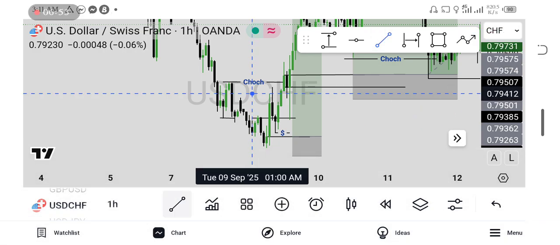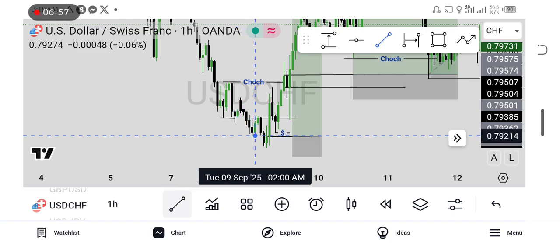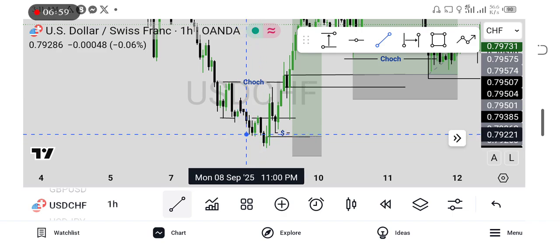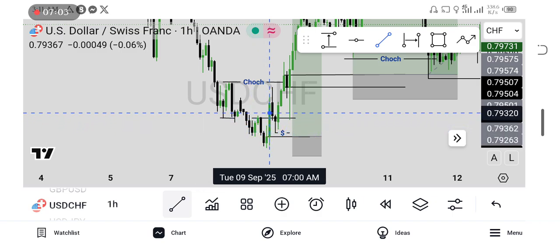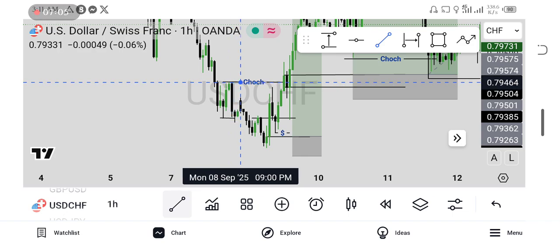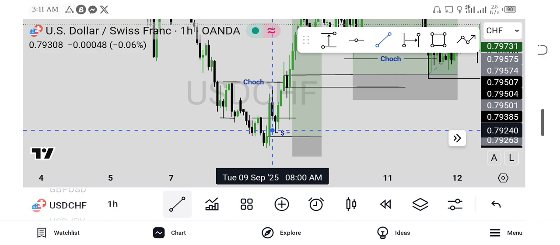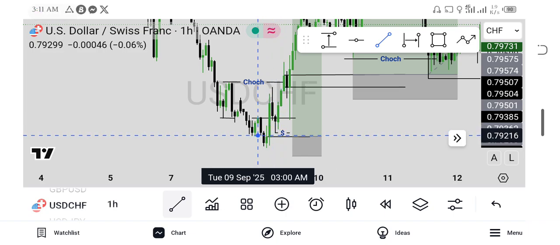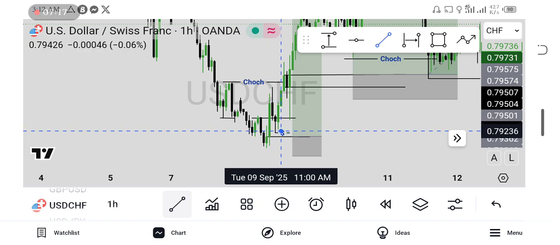The first thing, price swept liquidity here. This liquidity price swept created an imbalance here and broke structure or change of character. So I was expecting price to come back and tap in this supply block, and this was my liquidity.